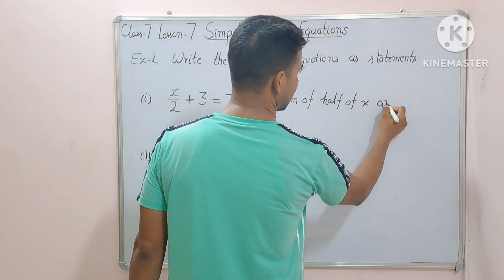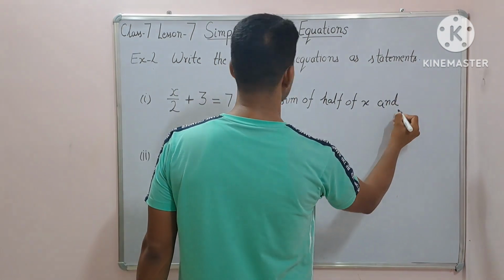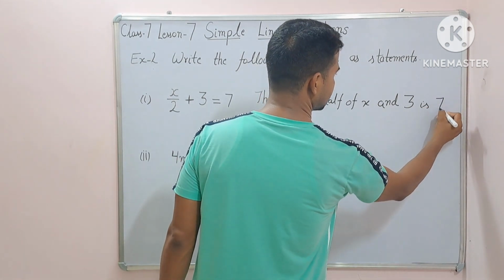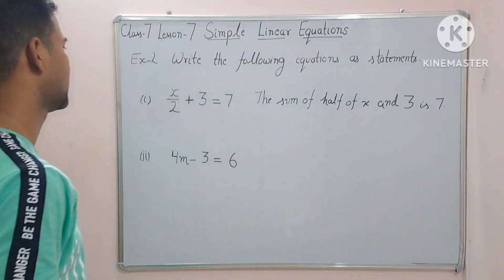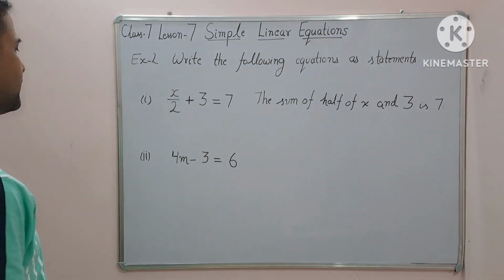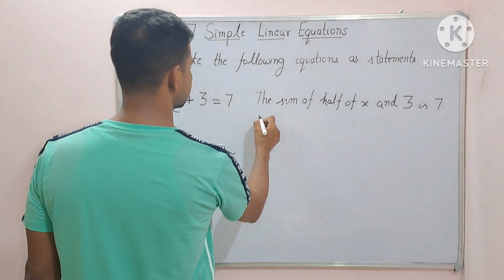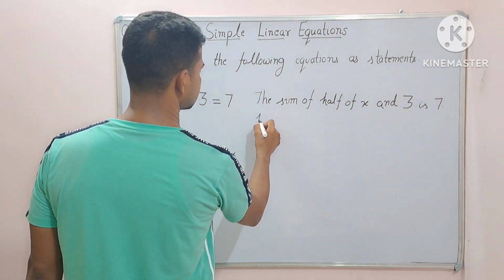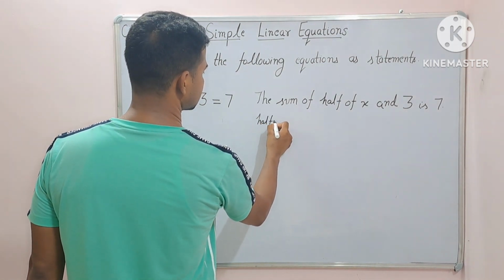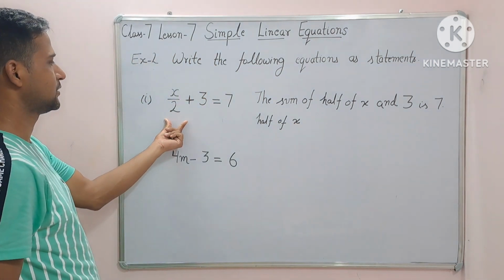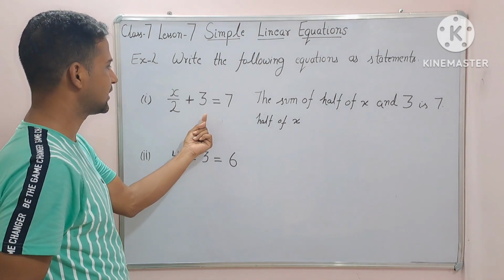Half of x and 3 is 7. Or we can also write it as half of x is 3 less than 7.